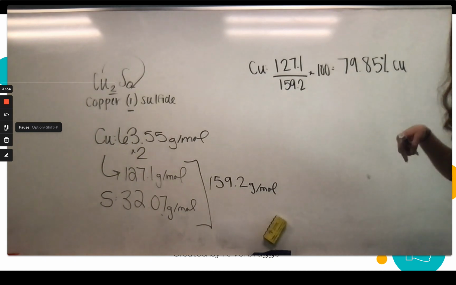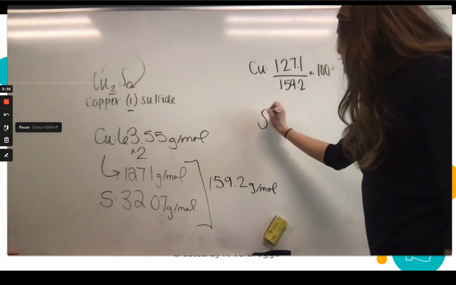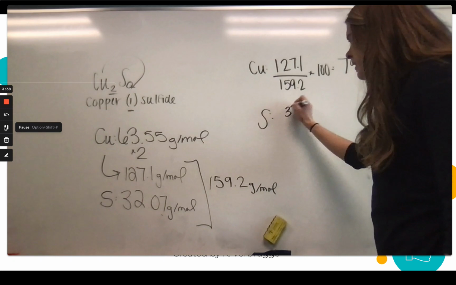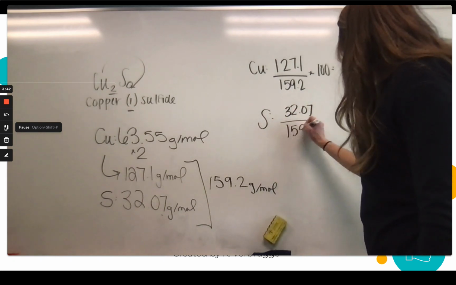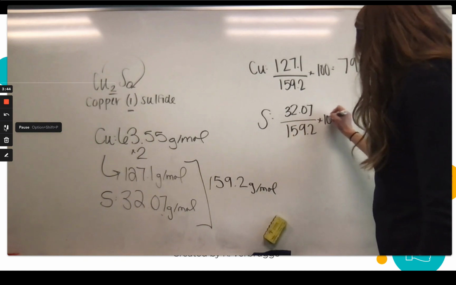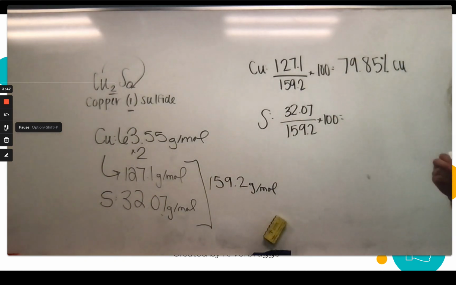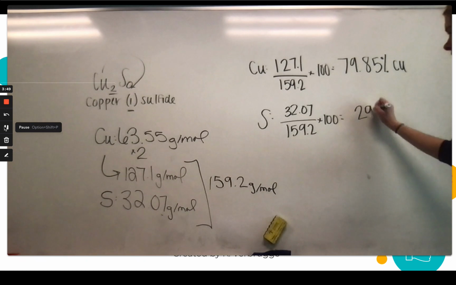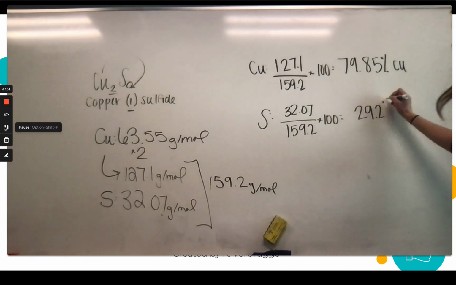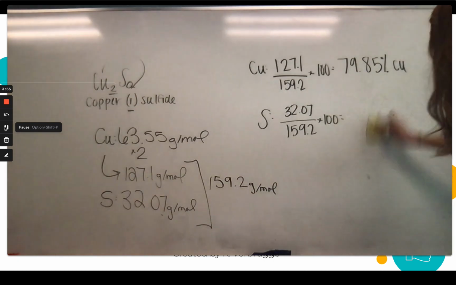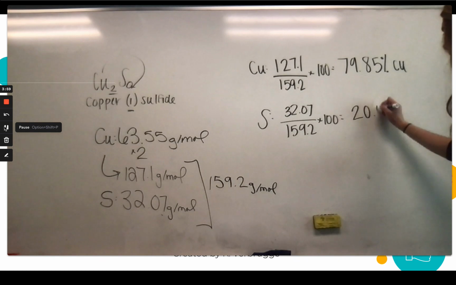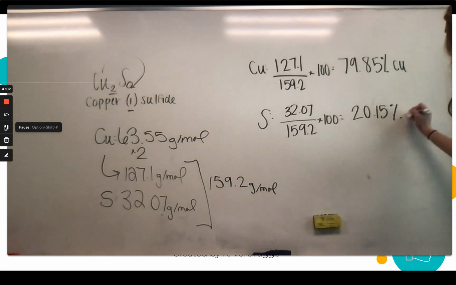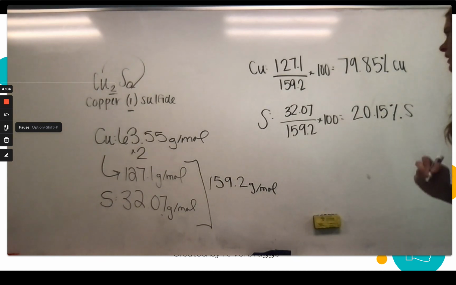I'm going to do the same exact thing for sulfur. I put my mass of sulfur on top, 32.07 divided by 159.2 times 100. When I do that math, I'm going to get 20.15% sulfur.